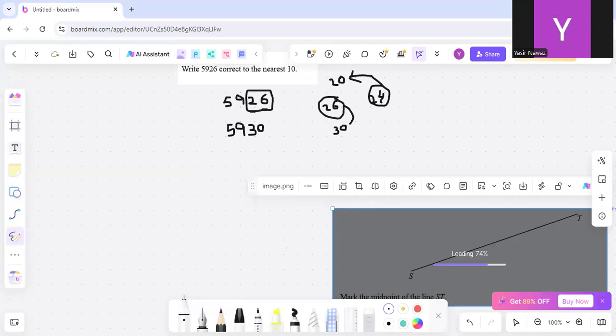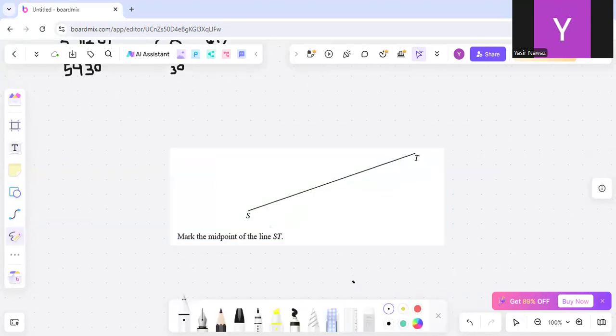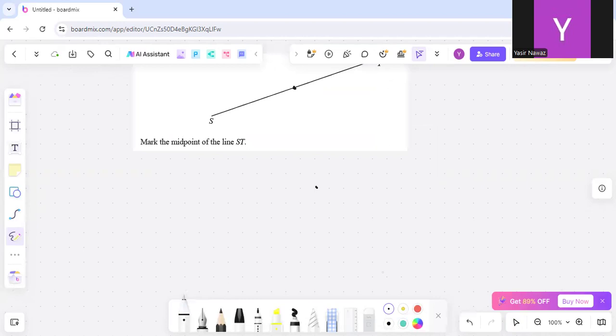It's a line segment, a part of a line. The line starts from S and ends at T, so it's a straight line. Just mark the midpoint. So approximately here would be the middle point. It was just marking. So I move on to the next question.